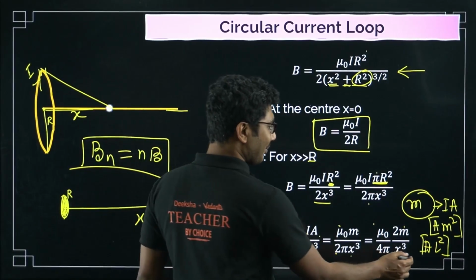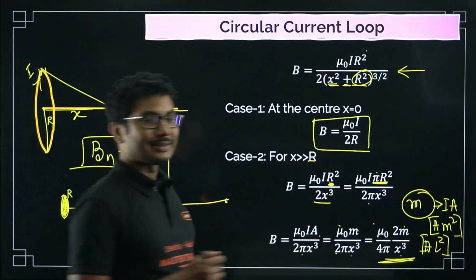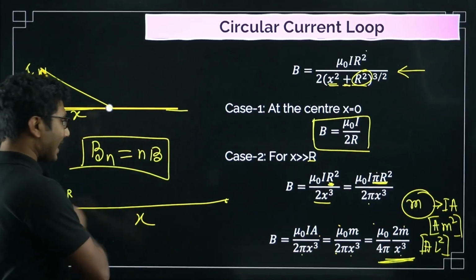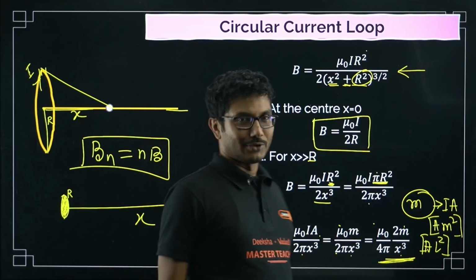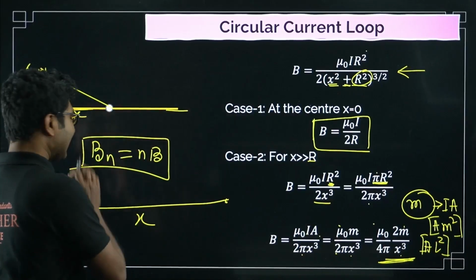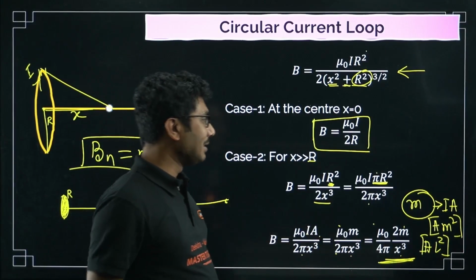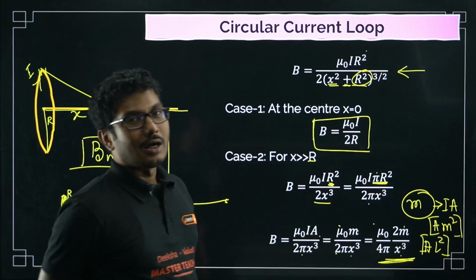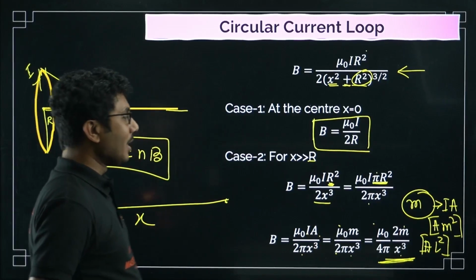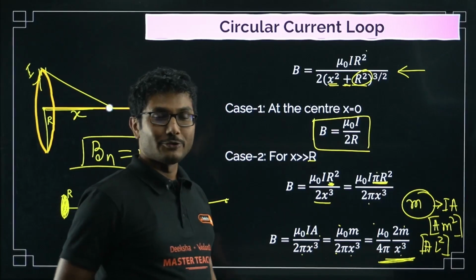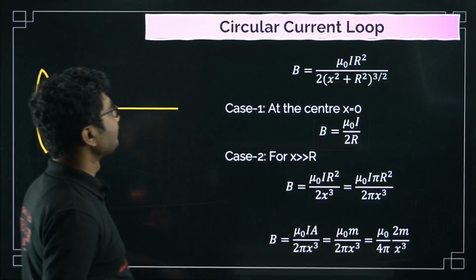Similar to that, you can remember it just like the dipole. If it is on the axis, you can simply use this formula. Any other direction is not in your syllabus, so you can simply remember this. On the axis of a circular current carrying loop, the magnetic field is given by mu naught by 4 pi into 2m by r cube.